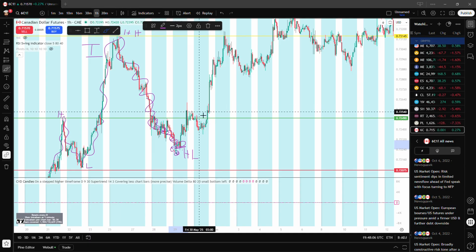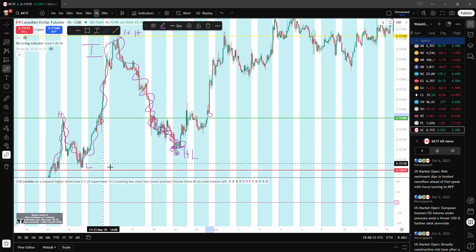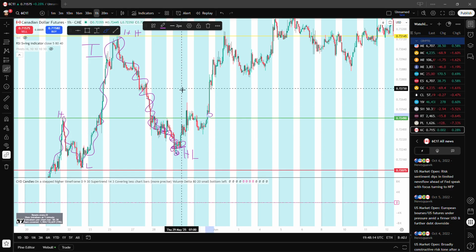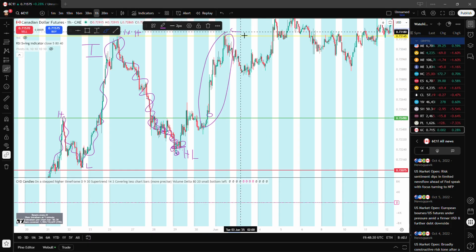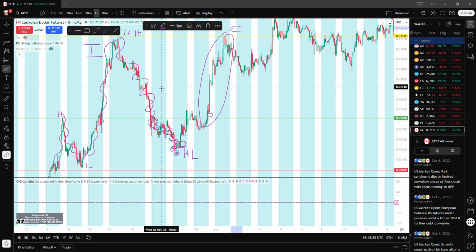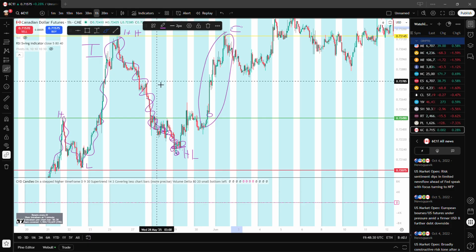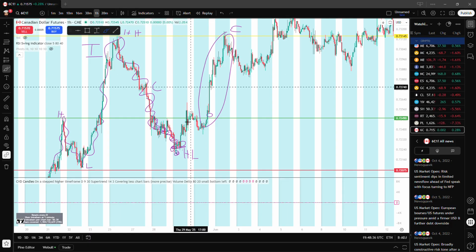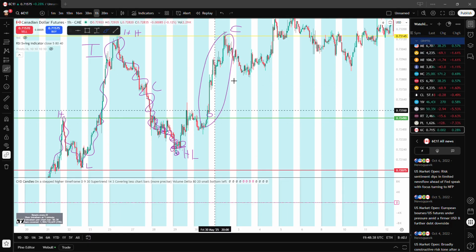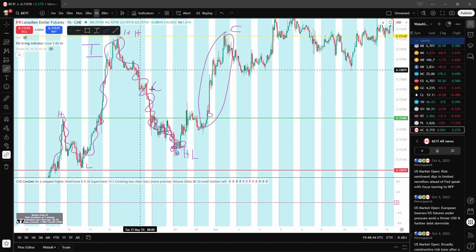So when it breaks through, okay, so this is the continuation. Indication, correction.